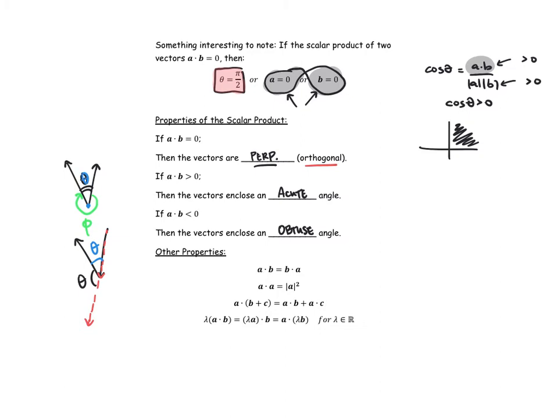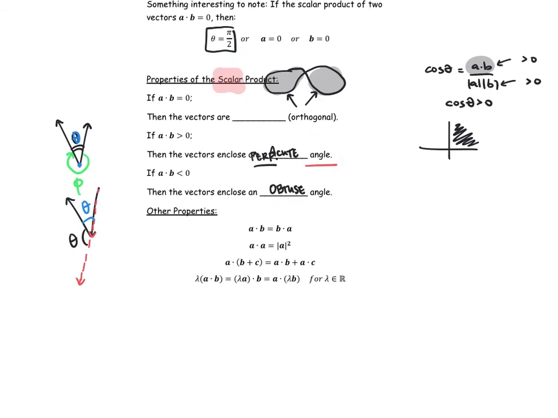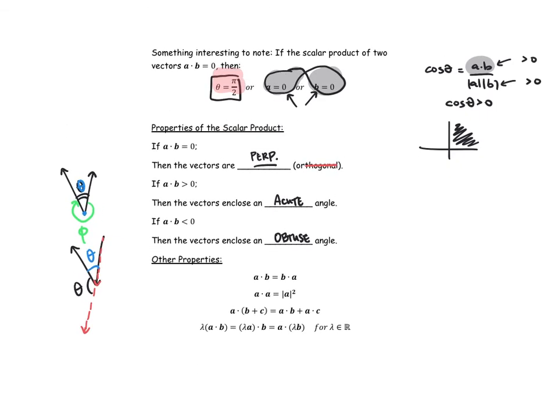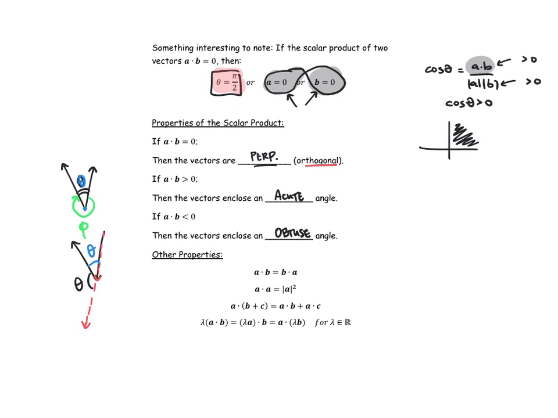Okay, let's look at a couple important properties and then we'll get on to some more work. Just a couple things to note. A dotted with B, or the scalar product of A and B, is the same as the scalar product of B and A. The scalar product of A with itself is actually the magnitude of A squared.